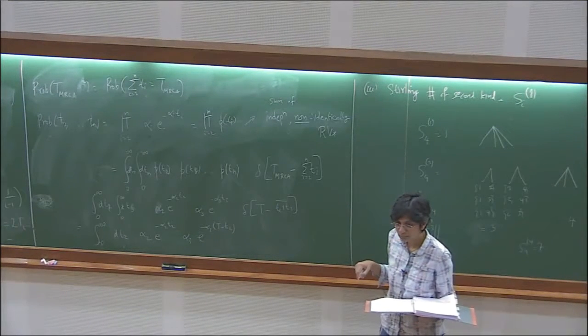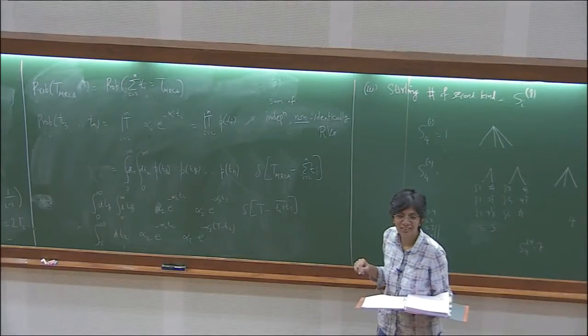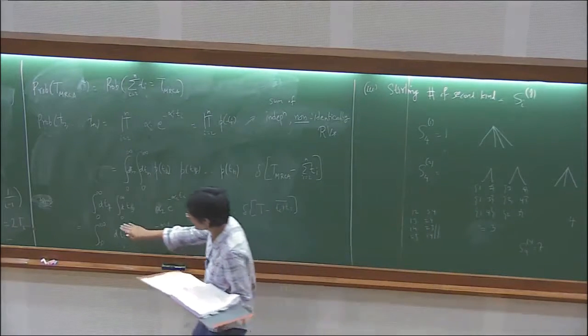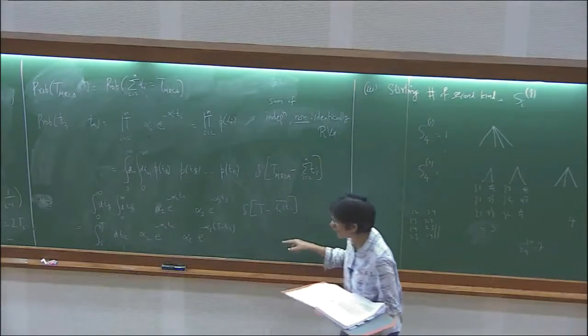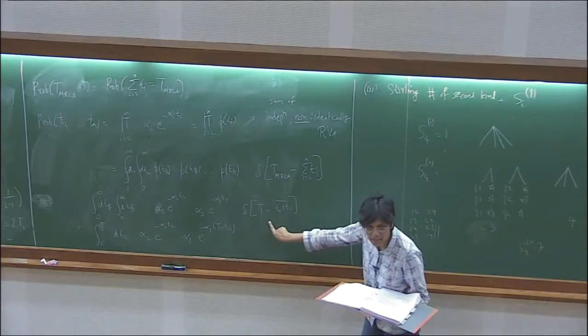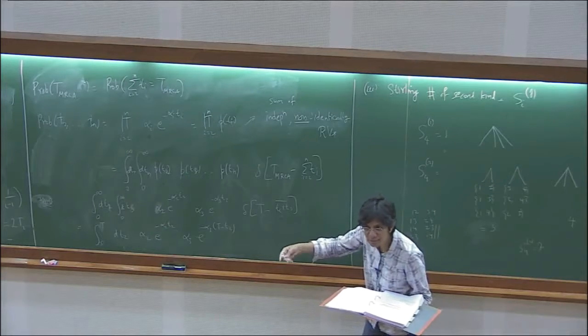Okay, so I'll just give you the general answer, which you can verify by induction or whatever you like. So this one I strongly recommend you to do because it's very basic.